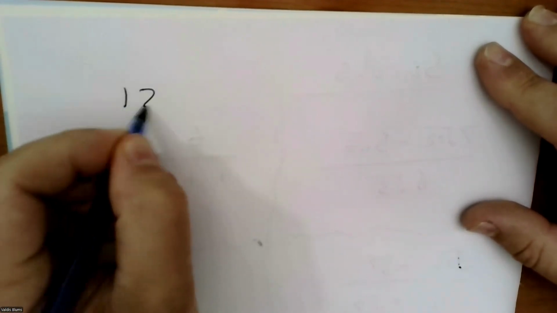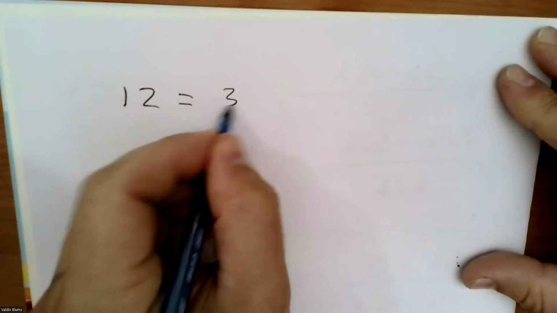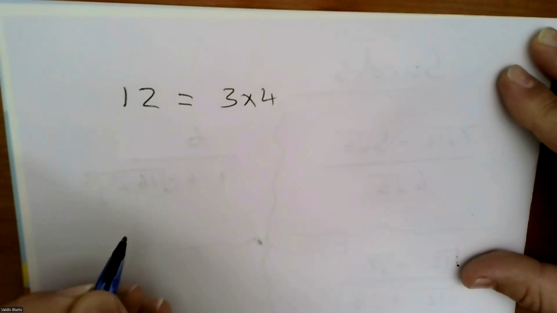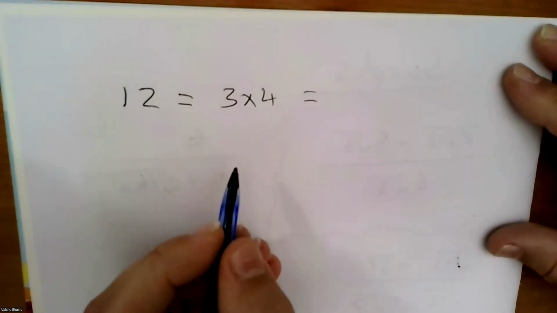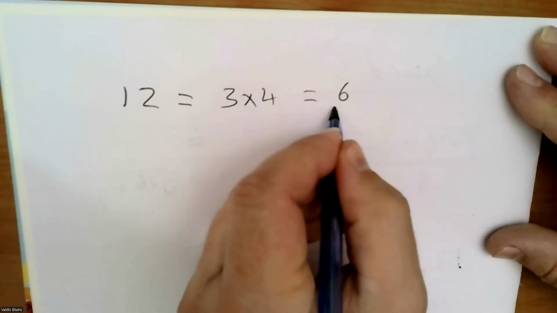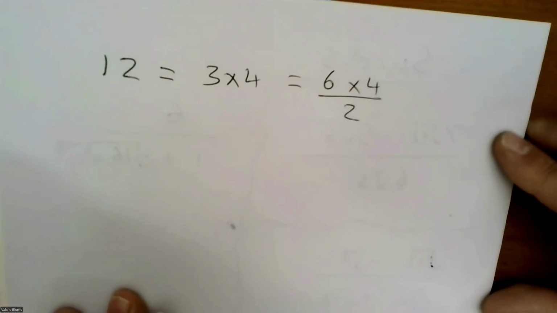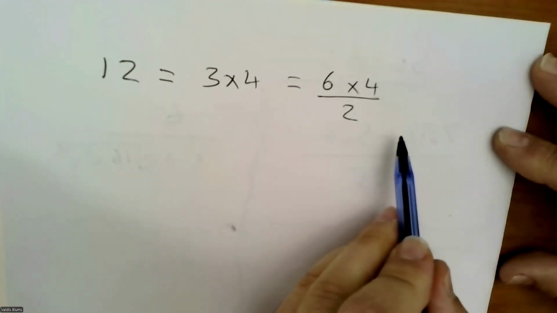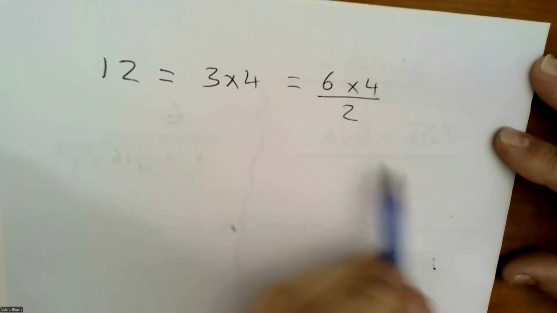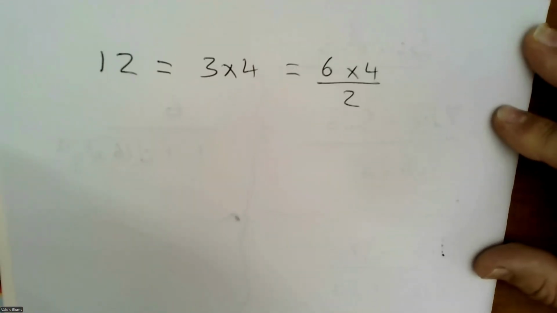So for instance, if I had the number 12, the number 12 could also be represented as 3 by 4, which could also be represented as 6 on 2 by 4. So if you were to type all that into your calculator or figure it out, that's still equal to 12. Doesn't matter what order you do it in.